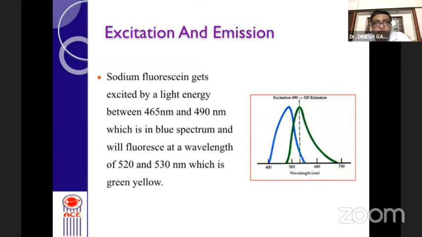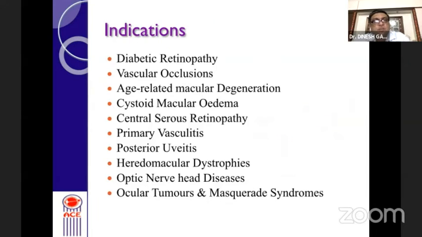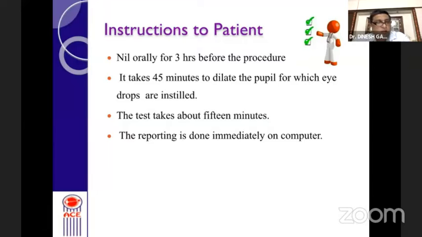So we need a blue filter, and the fluorescence wavelength is 520 to 530, which is the green yellow. So there are various indications which Dr. Sangeet will take care and discuss individually, starting from diabetic retinopathy, vascular occlusions, on to ocular tumors.